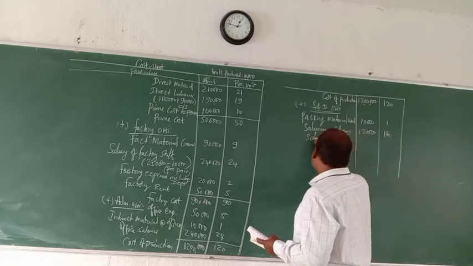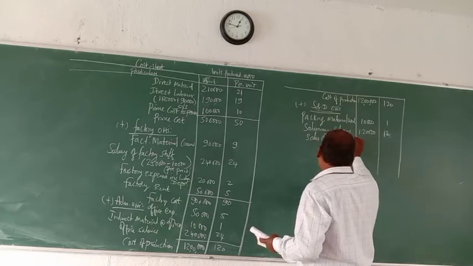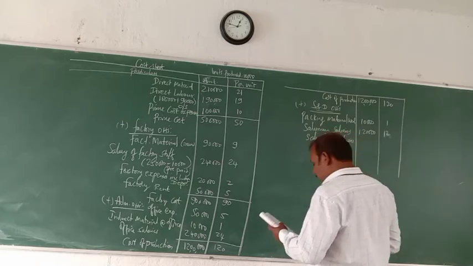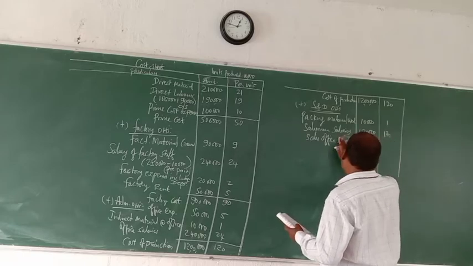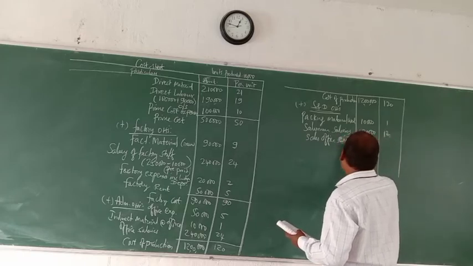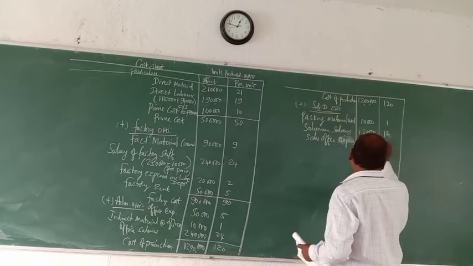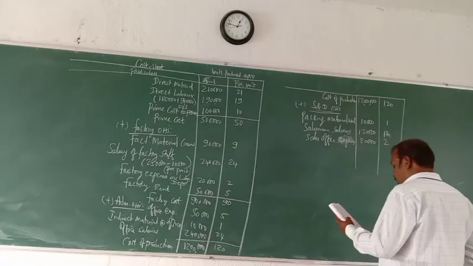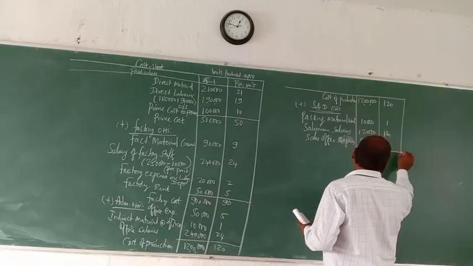Sales office expenses, 20,000 divided by 10,000, we get 2. Total.